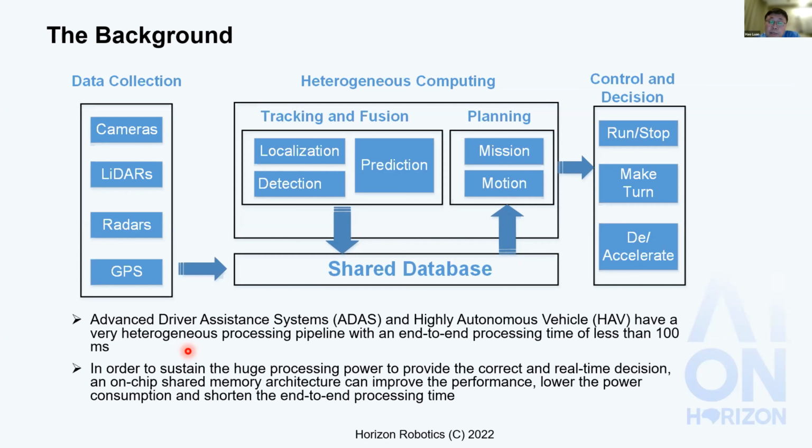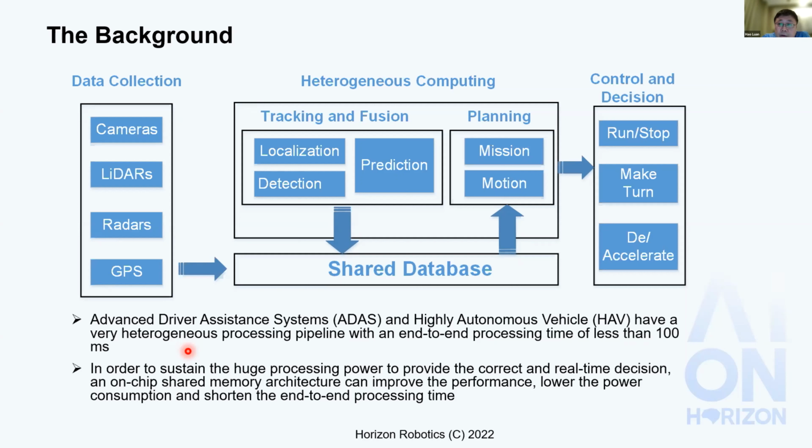The planning phase will calculate the motion trajectory and also correlate it with the mission information. Then it will make very concise and reliable decisions at the very end. Along this pipeline, there are a few key characteristics. From data collection all the way to tracking, fusion, and planning, it is ASIL B level compliance or maybe lower.